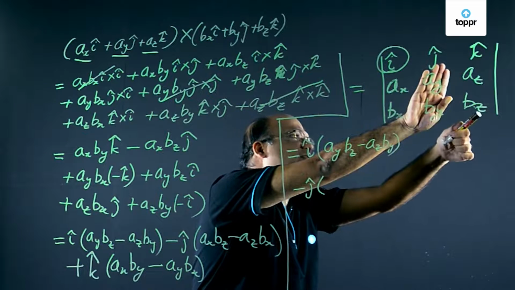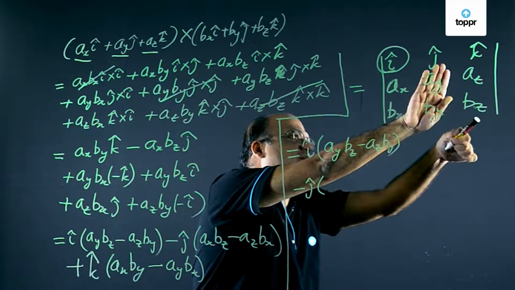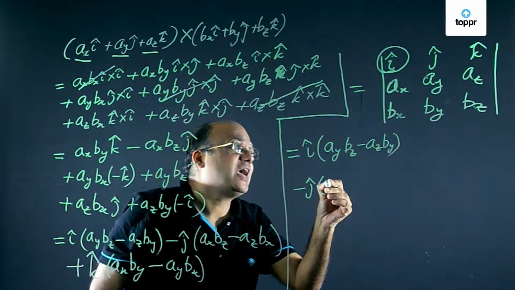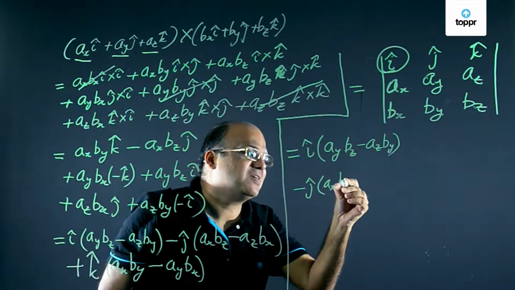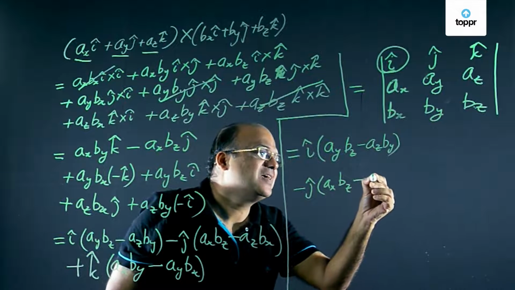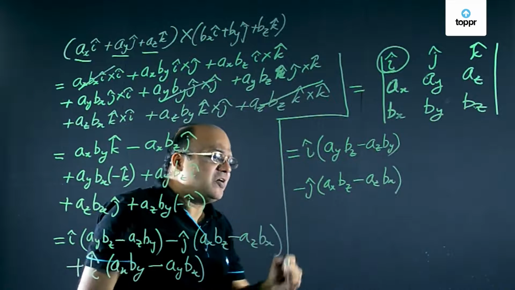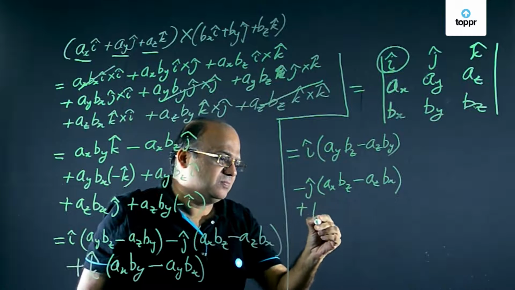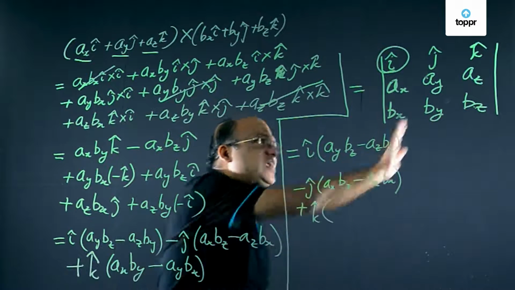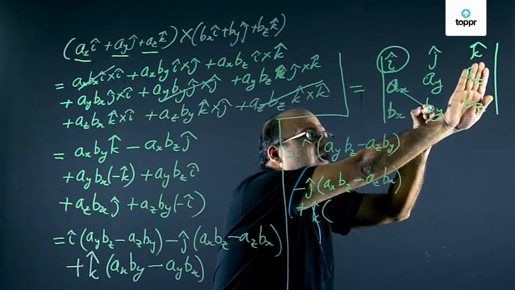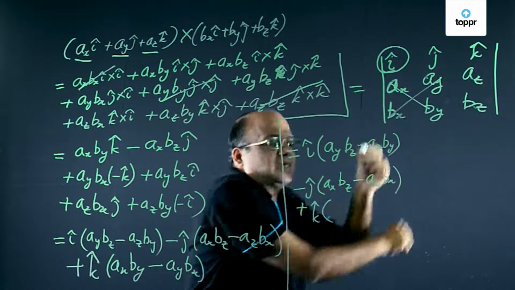So we multiply this and this. Ax bz minus az bx. So j cap, ax bz minus az bx. Now write the third unit vector, k cap. Forget everything below k. Multiply again this way first, ax by, minus sign, ay bx.